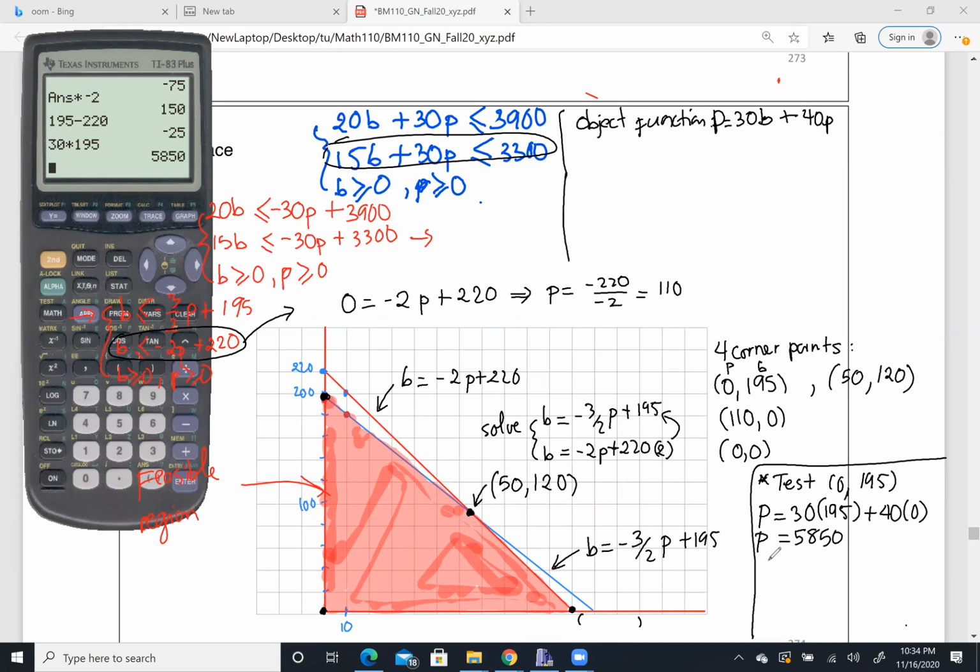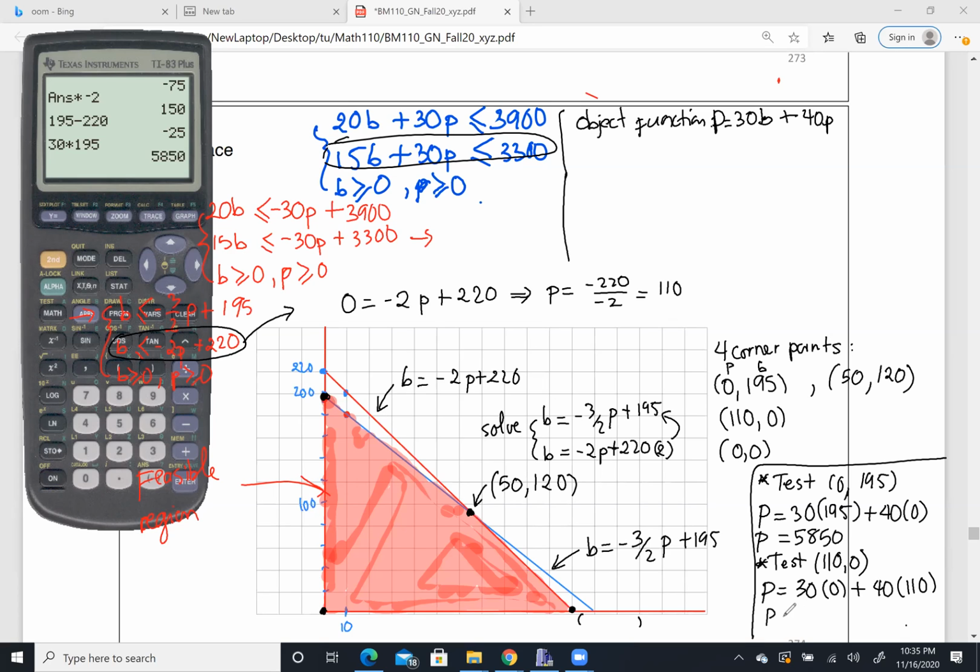So I'm gonna test the second one. The second one is 110 and 0. So p will be 30 times 0 plus 40 times 110.